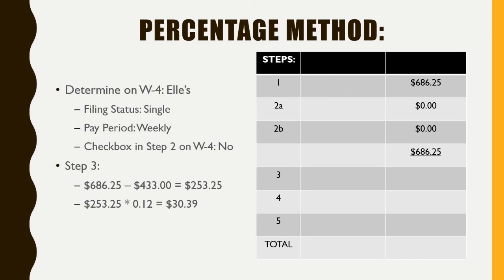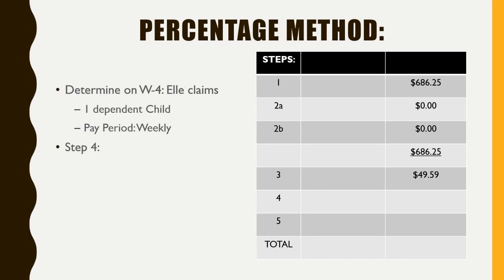That 12% gives you a total of $30.39, from the extra money that she's earned. Plus, we have to remember that the government's going to take away from you $19.20 regardless of how much money you've earned. So we add these two numbers together to get a total federal income tax withholding of $49.59.